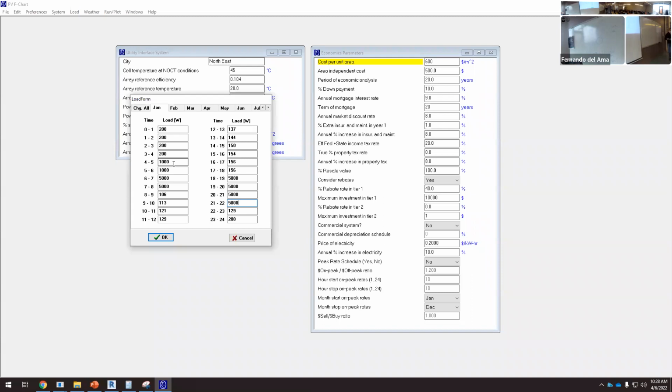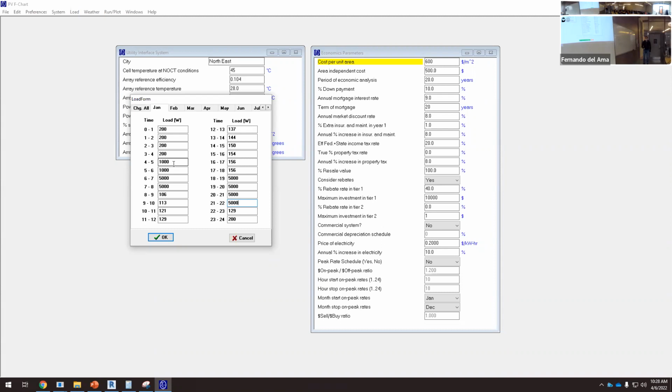So according to this, if this is 1,000, 2,000, 3,000, 4,000, and 5,000. According to this, 1, 2, 3, 4, I consume 200 watts. Okay, so this is 1, 2, 3, and 4.